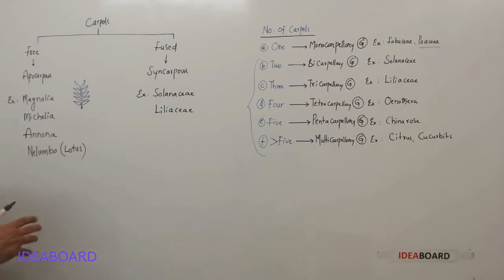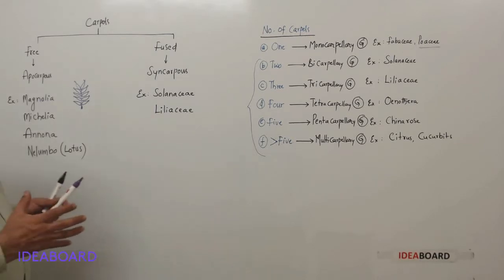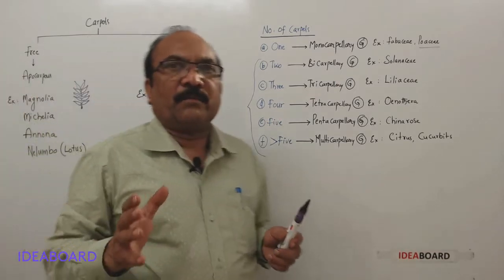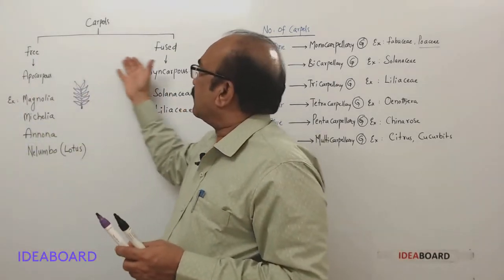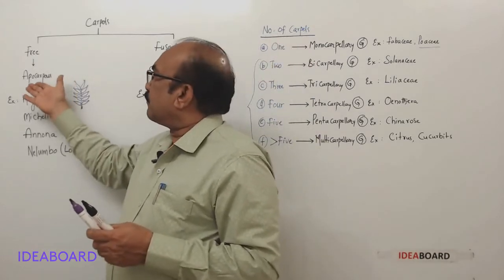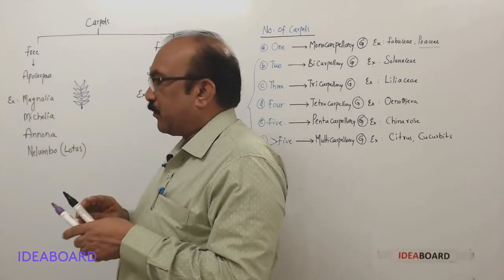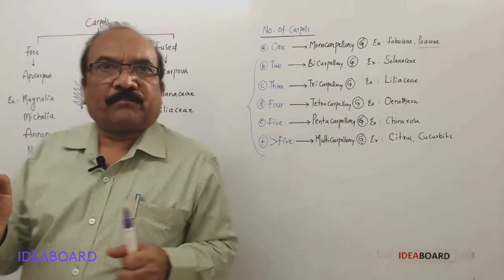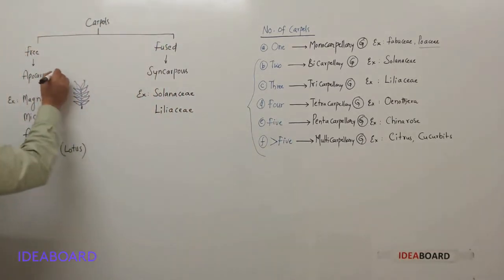So now let's see the condition of the carpels. These carpels may be free or they may be fused. When they are free, we call the gynoecium apocarpous gynoecium.